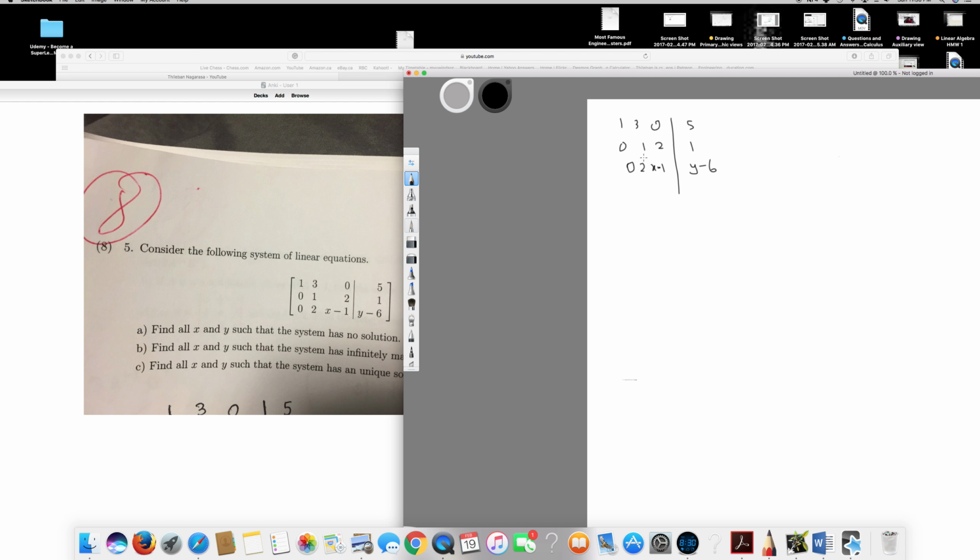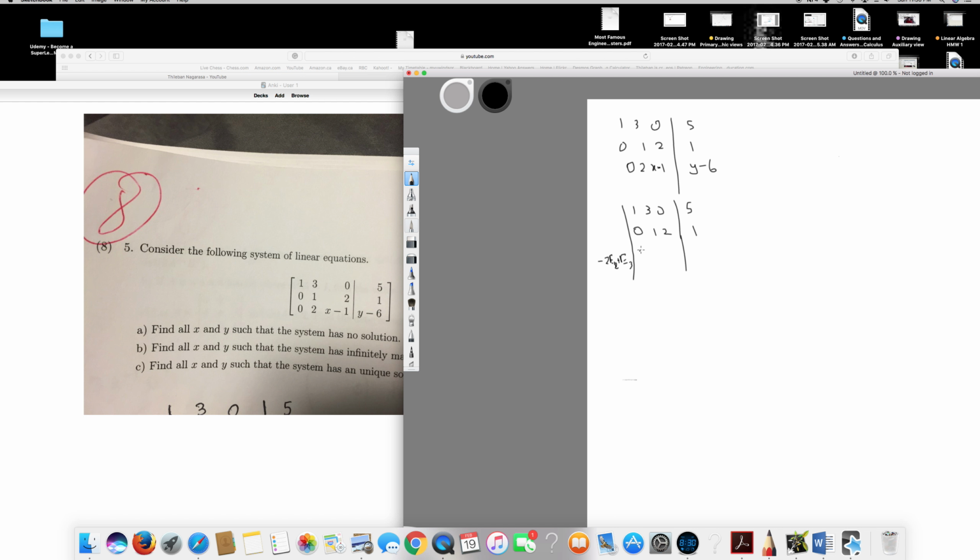In order to do that, I can multiply the second equation by -2 and add it to the third equation. So 1 3 0 5 and 0 1 2 1, and for the third equation I'm going to multiply the second equation by -2, that is -2 e2 plus e3.